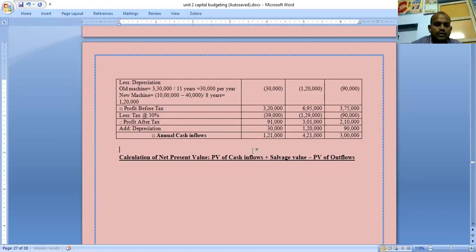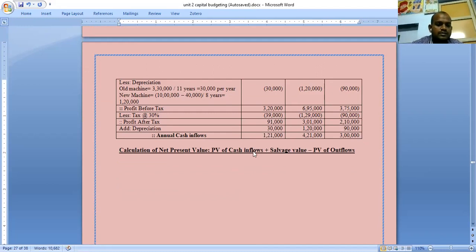So the final step is calculation of net present value: PV of inflows minus PV of outflows. PV of inflows includes salvage value. So the incremental cash flows from 1 to 8 years are 3 lakhs per annum.